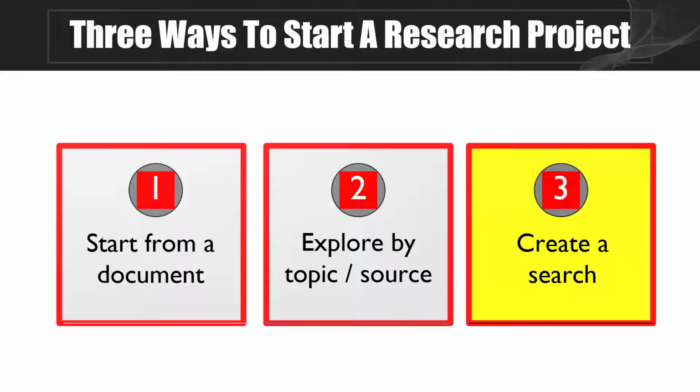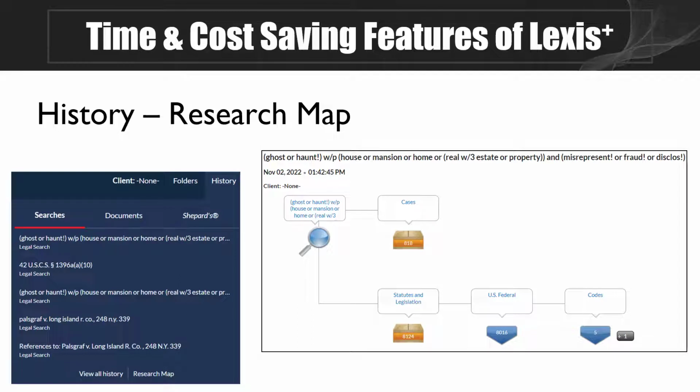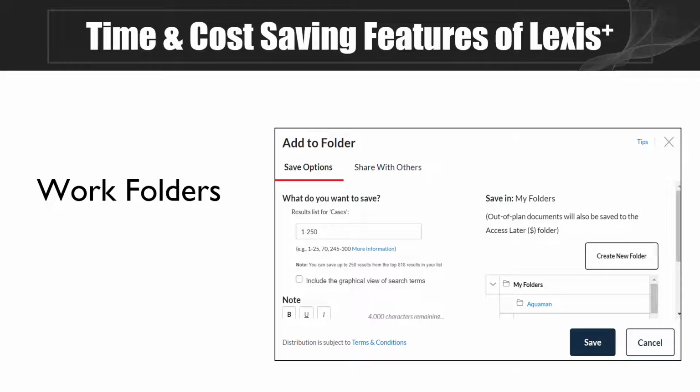One thing that we also did today is I talked about several time and cost saving features on Lexis. Just as a reminder, we talked about using the research map in history to save a ton of time and not recreating the wheel and running searches that you already ran within the last 90 days. I talked about work folders where you can store whatever documents you want in folders and they will remain in those folders forever until you delete them.